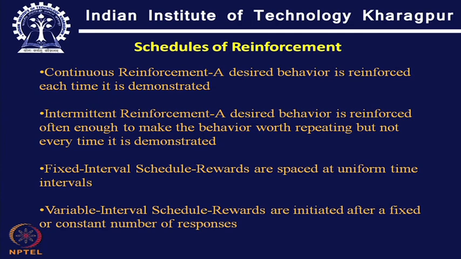So, the difference over here is that in continuous reinforcement, every time you do a desired behavior, you find a reinforcement for it. But in intermittent reinforcement, the desired behavior is reinforced many number of times, which makes the behavior worth repeating, but not every time.